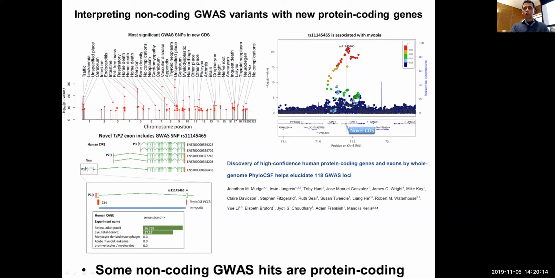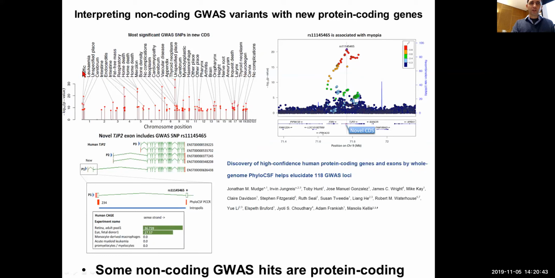And you can basically see that the strongest genetic score sits exactly where the new protein coding exon sits. And that is an alternatively spliced exon, which is only expressed in the eye, which is kind of cool, right? And it's ironic that it's associated with myopia because being able to have better lenses for evolutionary interpretation might actually help us get better eyesight one day, which is kind of cool.